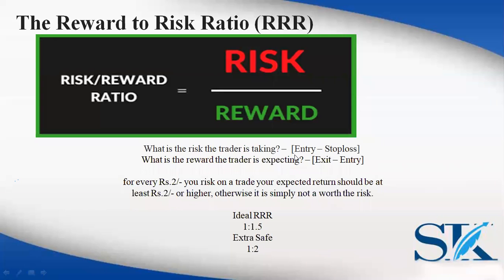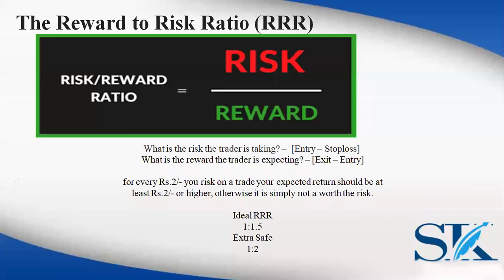Your risk is your entry price minus your stop loss. For example, if I'm entering at 100 rupees and I decide that my stop loss is going to be at 98, 2 rupees is my risk. Whereas reward is your exit minus your entry. If I'm entering at 100 rupees and I have a strategy where I feel that the price is going to go to 104, my reward will be 104 minus 100, that is 4 rupees.